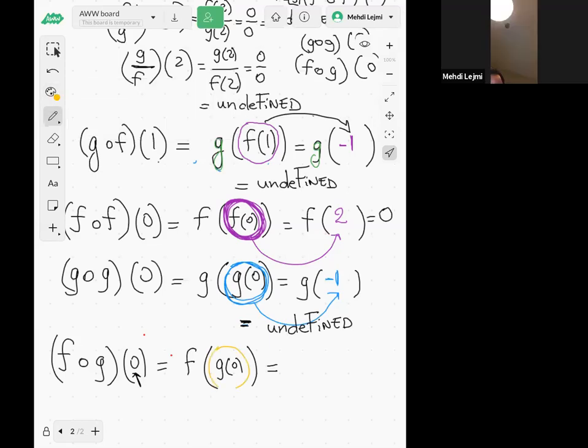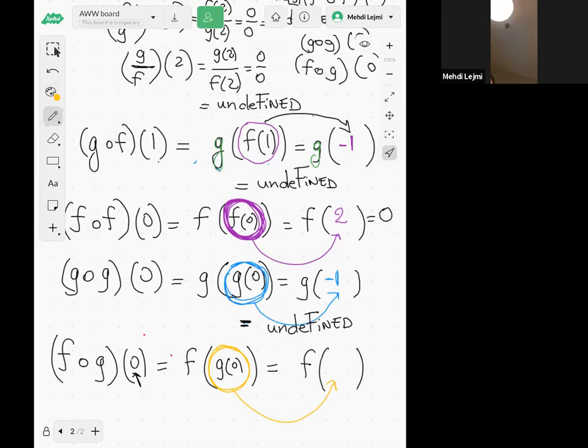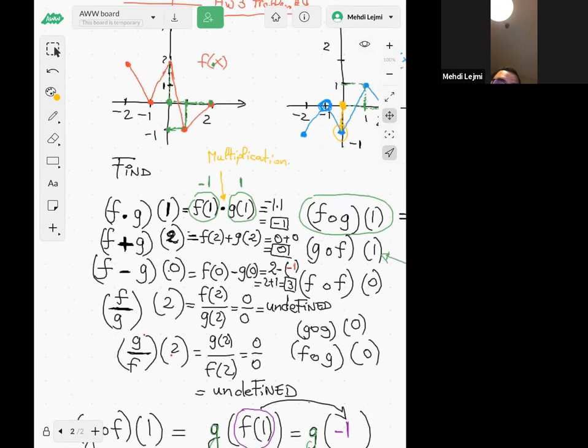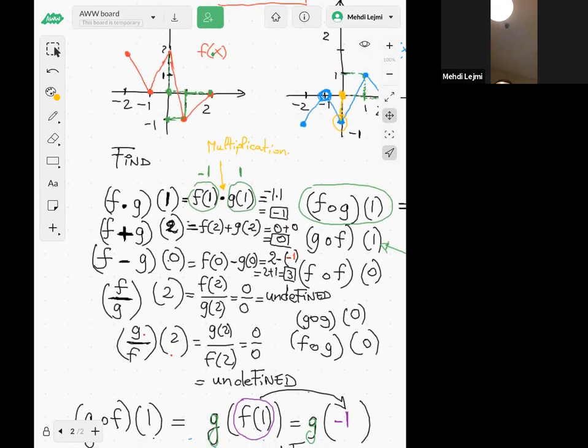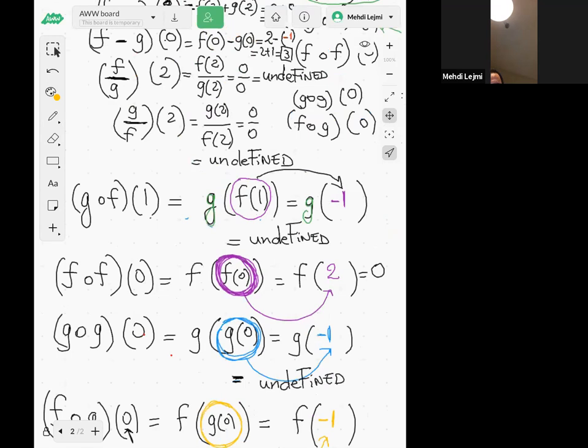So first we need to find g of 0, which is -1. Now I have f of -1, which is 0. So the answer here would be 0.